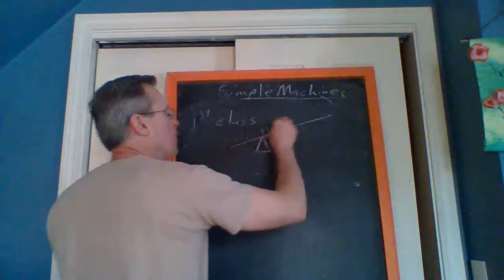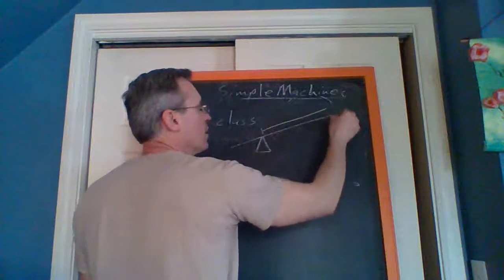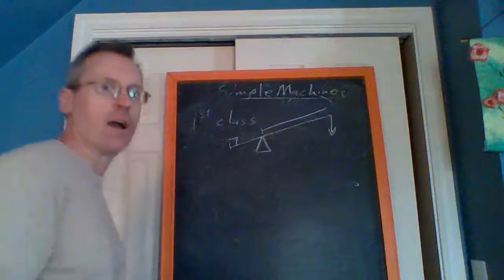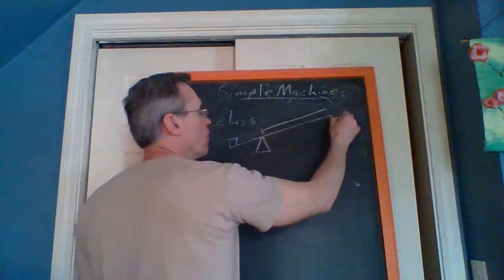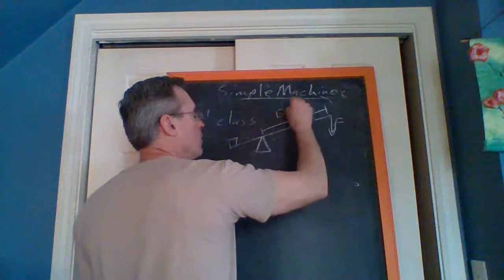If you go from the fulcrum to where you push down on the stick. Let's say I'm trying to pry a rock out of the ground with this lever. If you go from here to where you exert your force, this is called the effort arm.